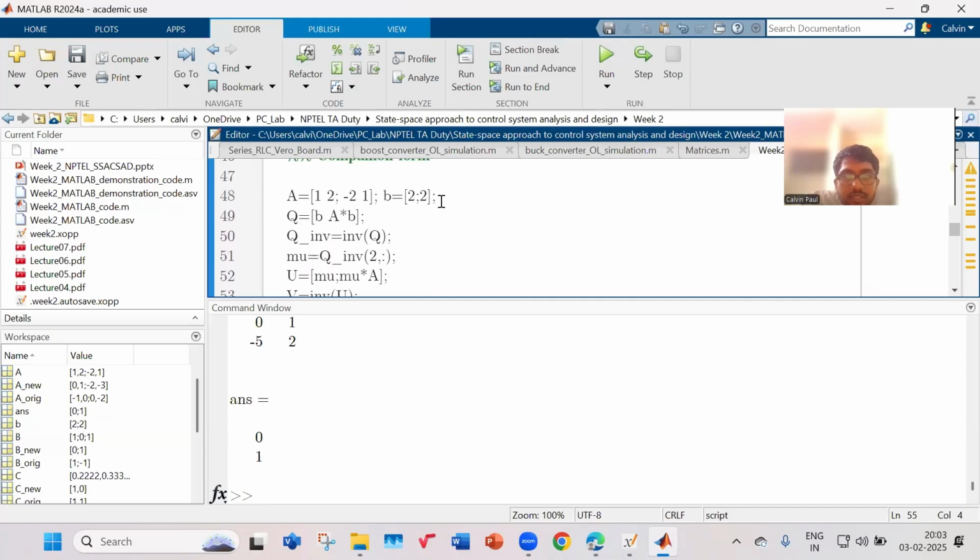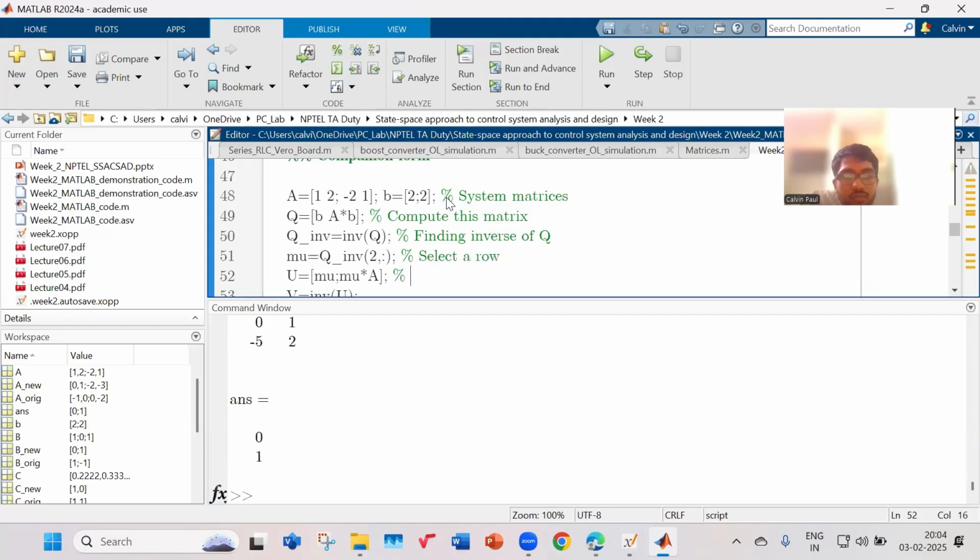So these are the system matrices. We have to compute this matrix. Here we are finding the inverse of Q. Then we select a row.